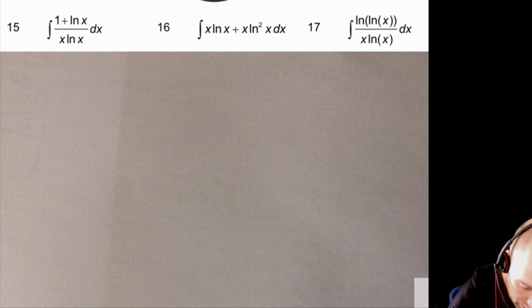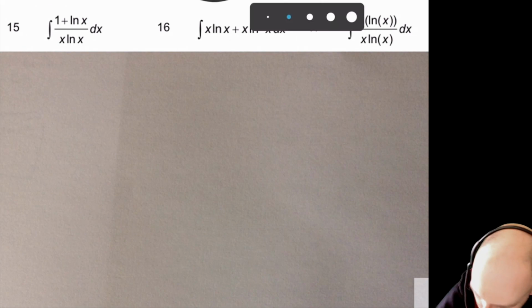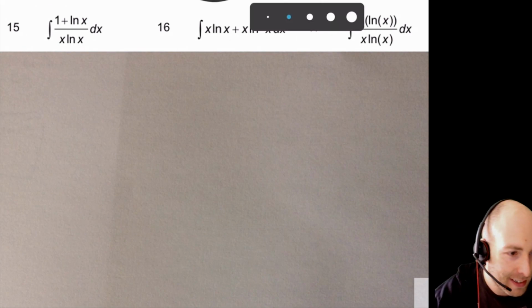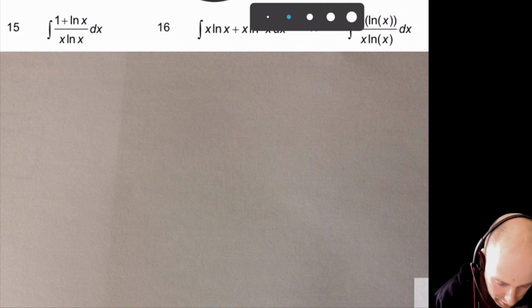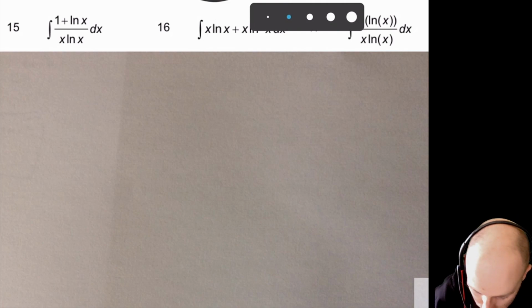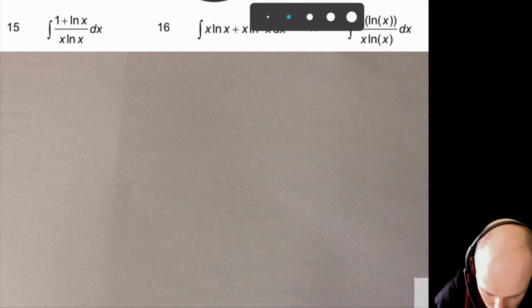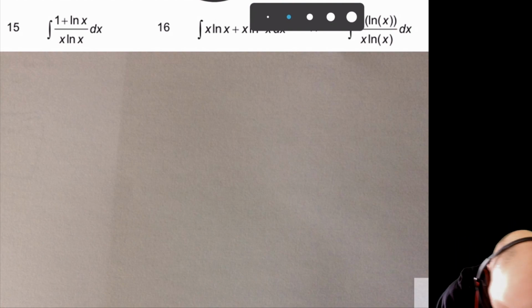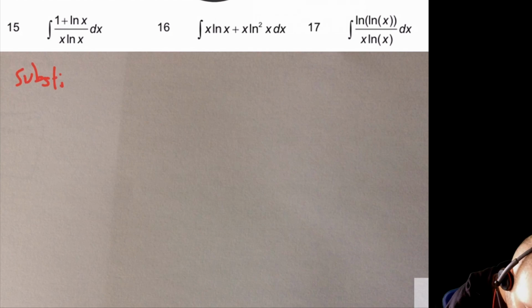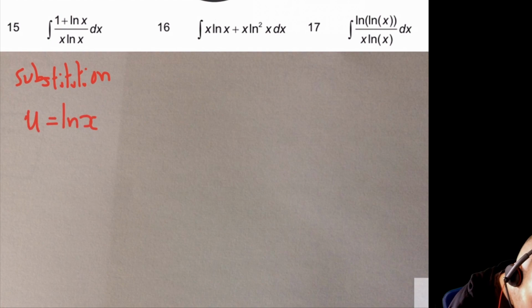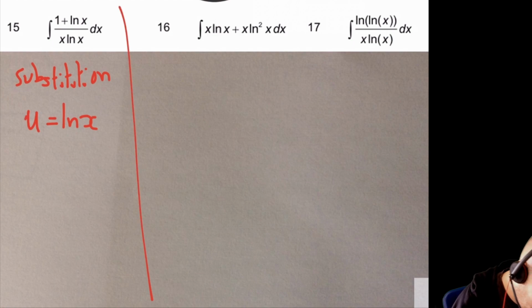So the first one there, how did I do that? Did all these earlier. I think the first one was substitution. Second one here is, think by parts.